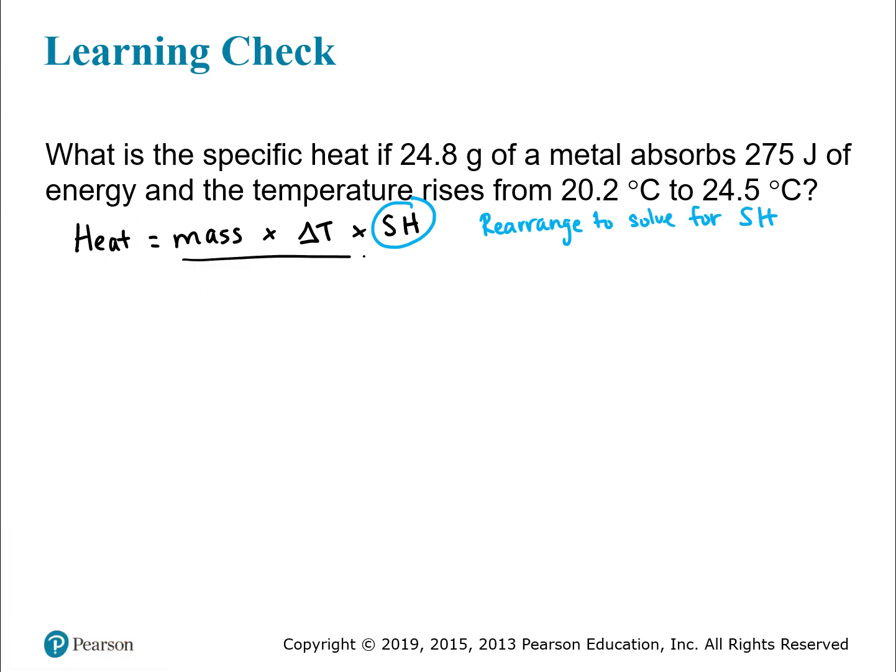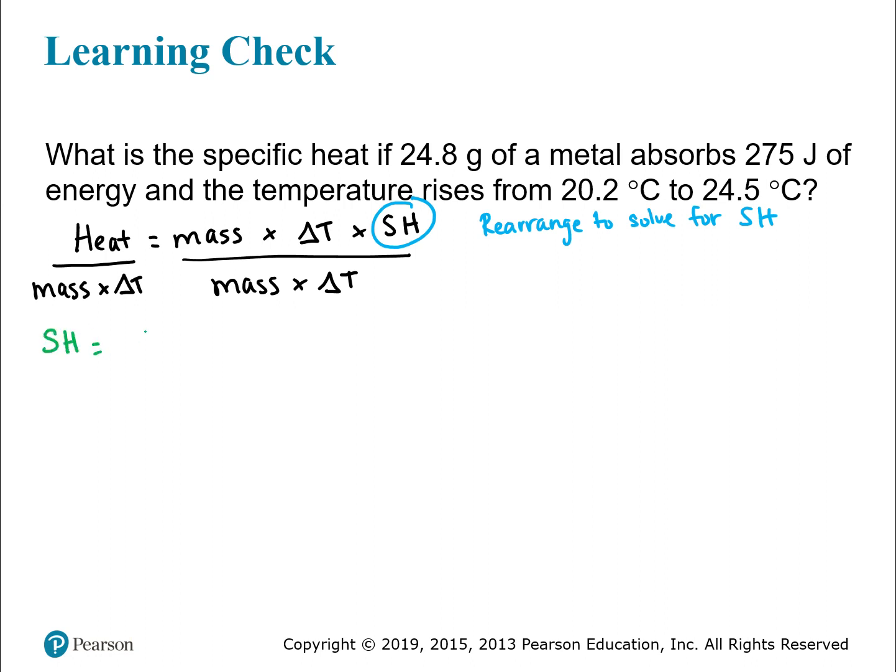We're going to divide both sides by mass times delta T. And when I rewrite that, I'm going to write it in a different color so it stands out.